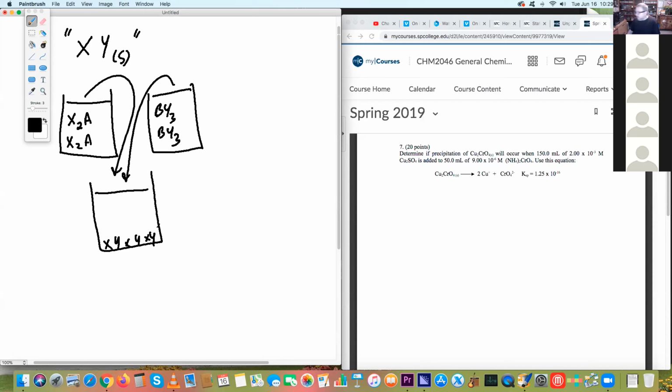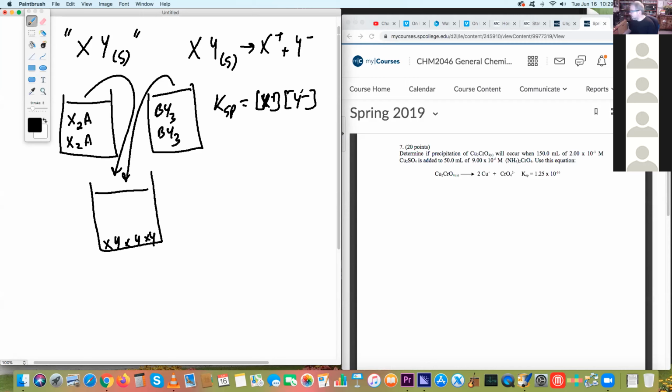Now, this will happen if we have a certain condition met. So let's say we've got XY solid, and it splits into X plus and Y minus. And we have our KSP, which is going to be X plus and Y minus together, like that.